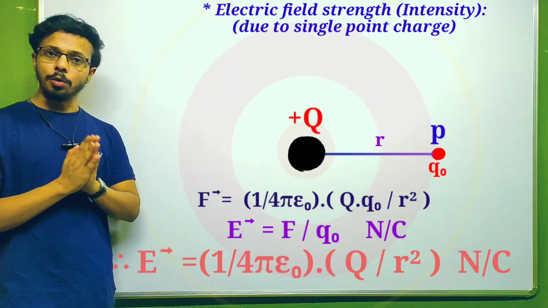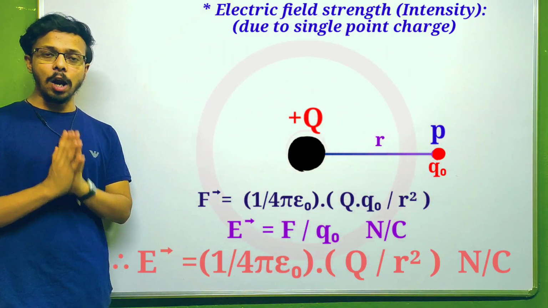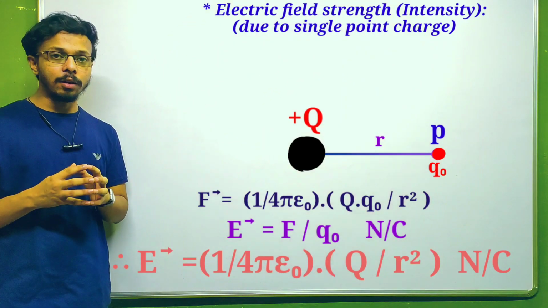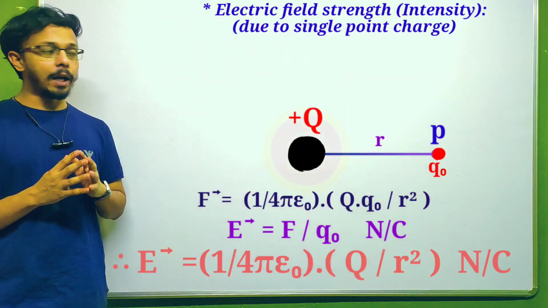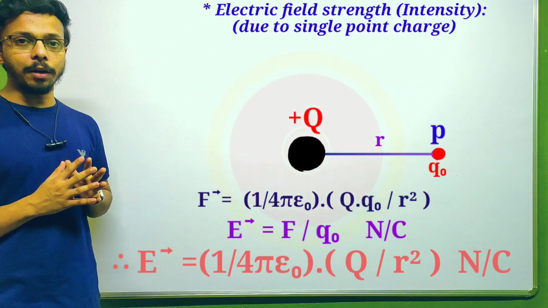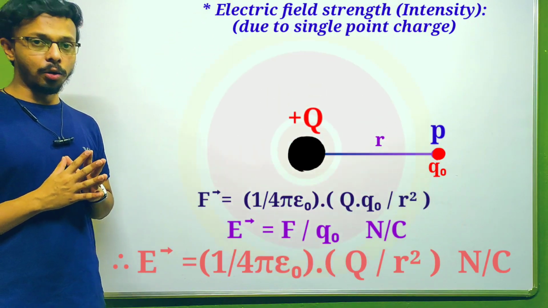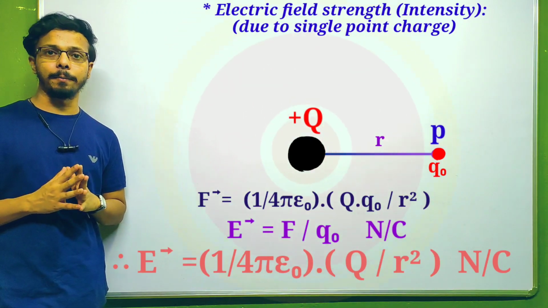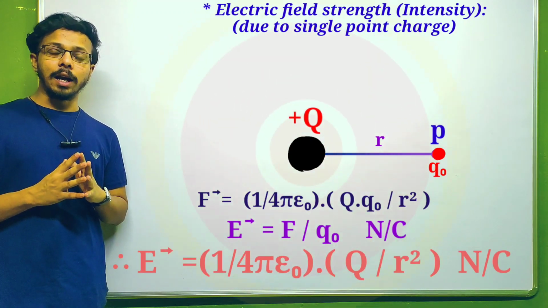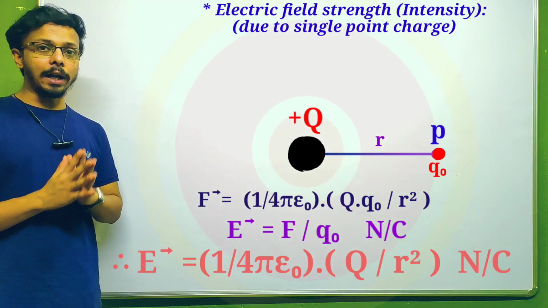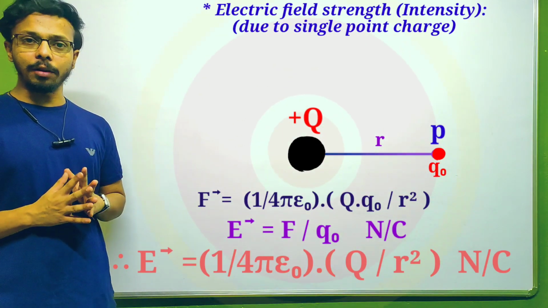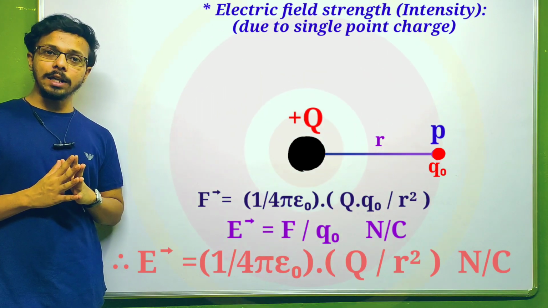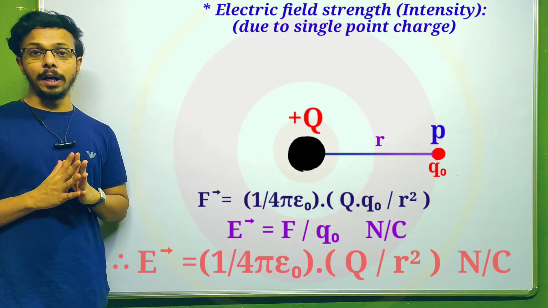Here the Q naught gets cancelled, and now we have a formula to calculate the electric field strength or electric field intensity at a point P inside the electric field. That is, E equals 1 divided by 4 pi epsilon naught, Q divided by r squared. So this is the electric field strength at a point P due to the source charge. Is that clear, guys?